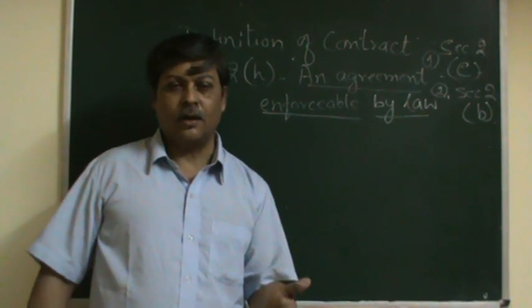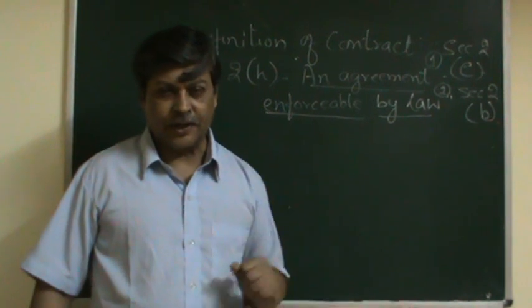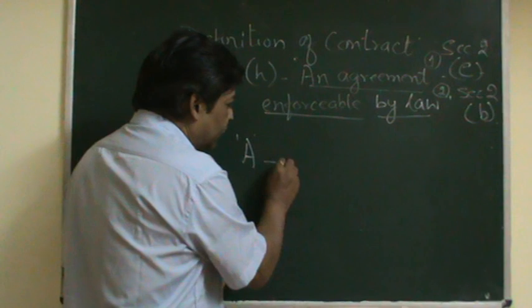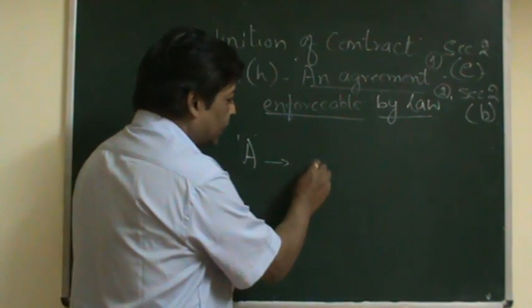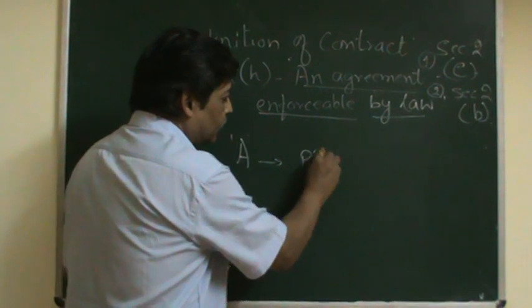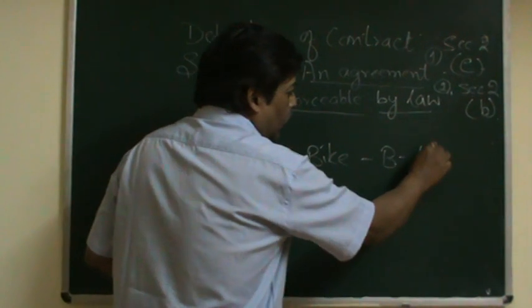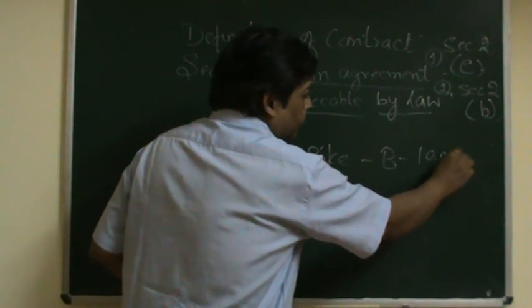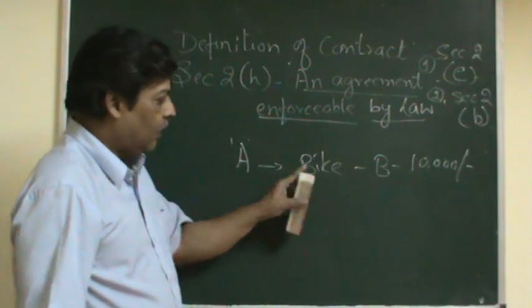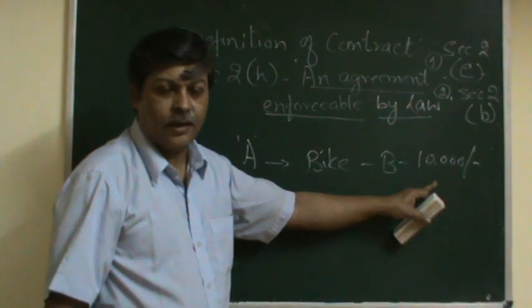Let me give an example. Take a hypothetical example: A promises to sell his bike to B for 10,000 rupees.